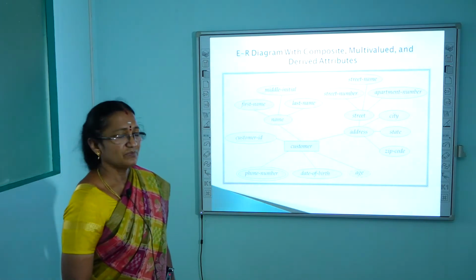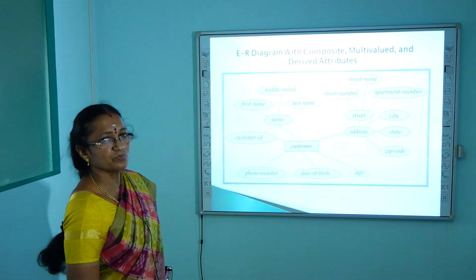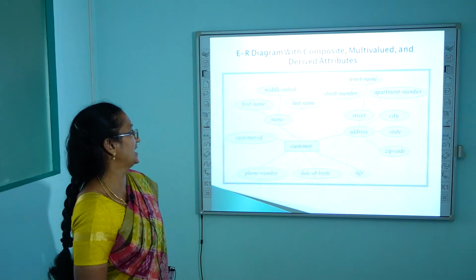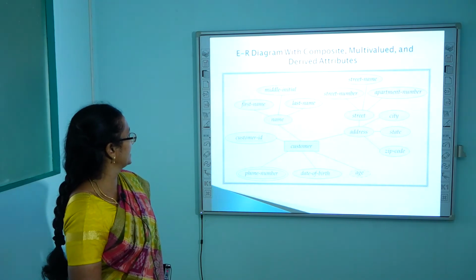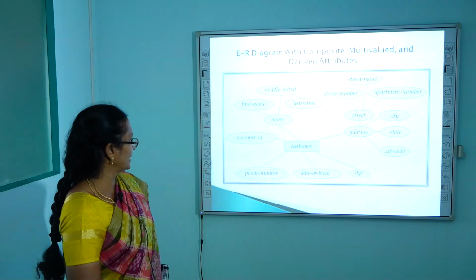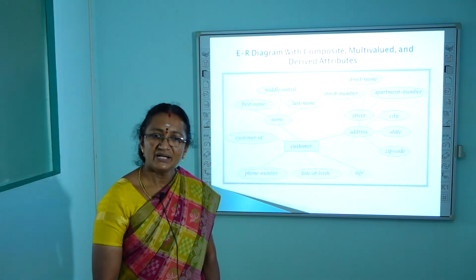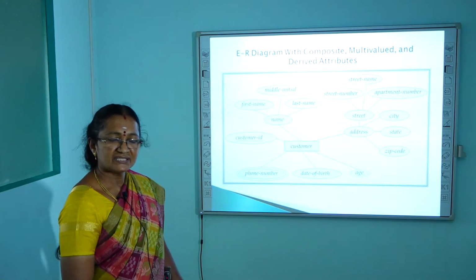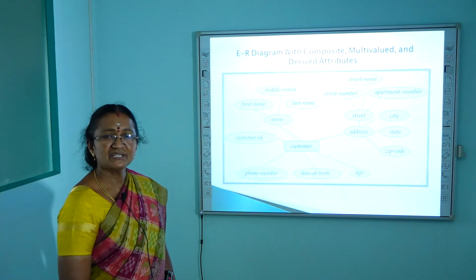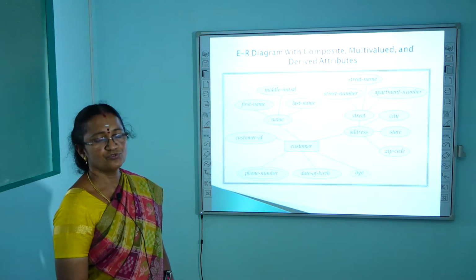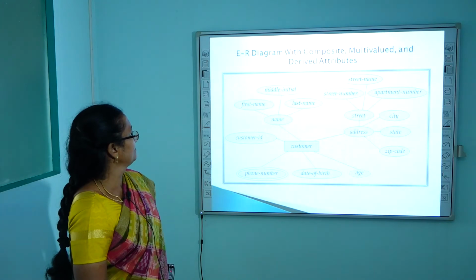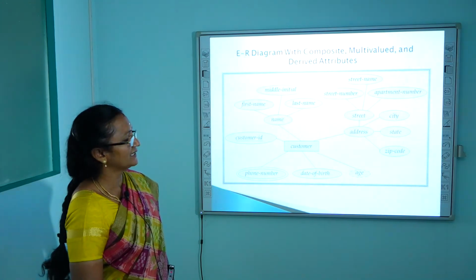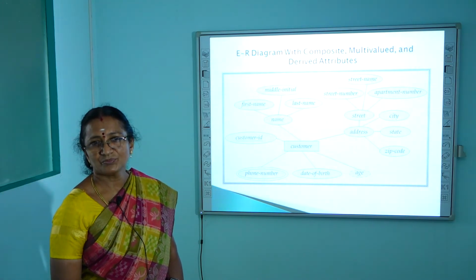Next. This ER diagram depicts the different attributes: composite, multi-valued, and derived attributes. In this customer entity, the phone number is denoted by a double ellipse, because a single customer can have more than one phone number. At the same time, the address is a composite attribute.